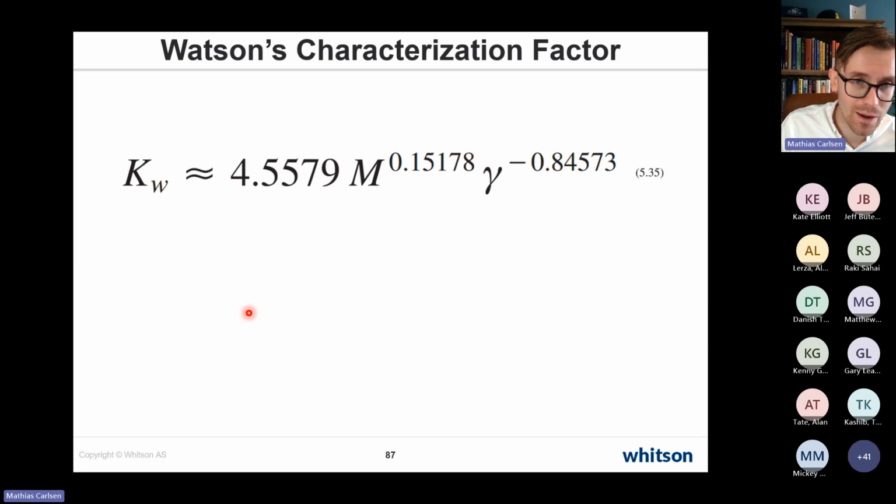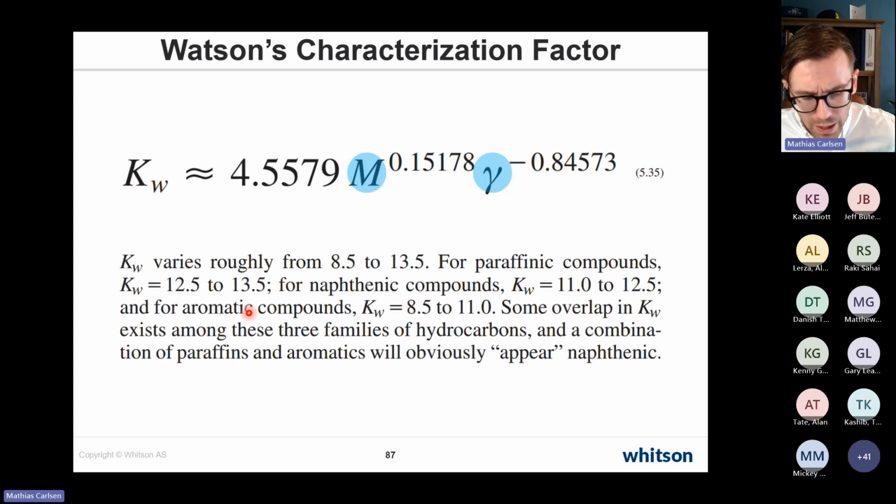It's spooky because Curtis remembers all of these numbers in his head. He just does this on a piece of paper, and he can automatically say whether this field is more paraffinic, aromatic, or something in between, called naphthenic. It's just the molecular weight of the stock tank oil and the specific gravity of the stock tank oil. You plug them into this formula, and it gives you a number between 8.5 and 13.5.